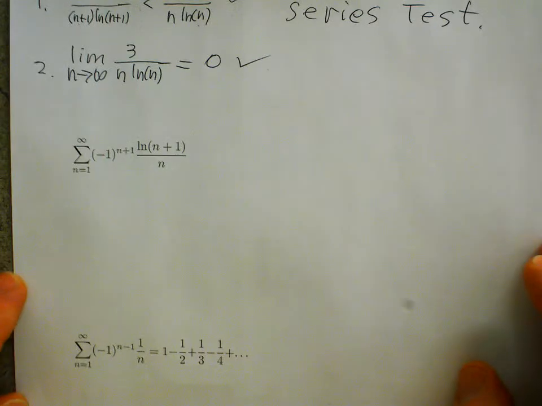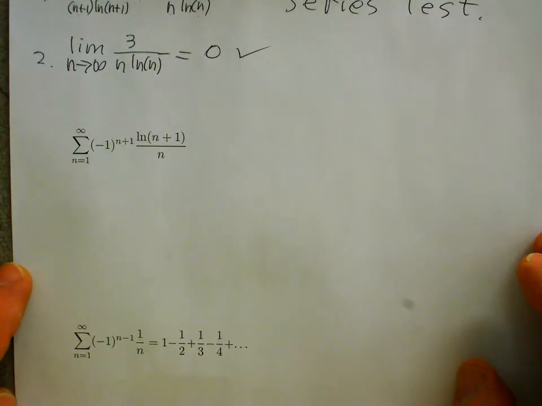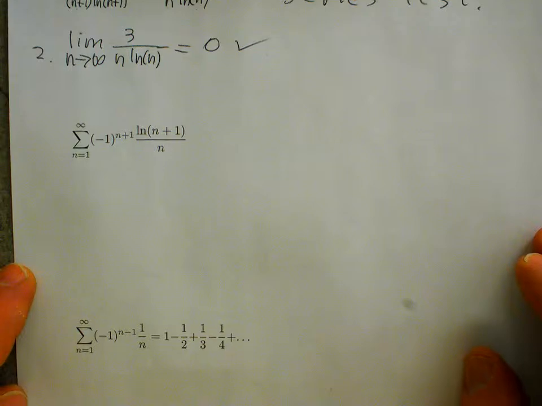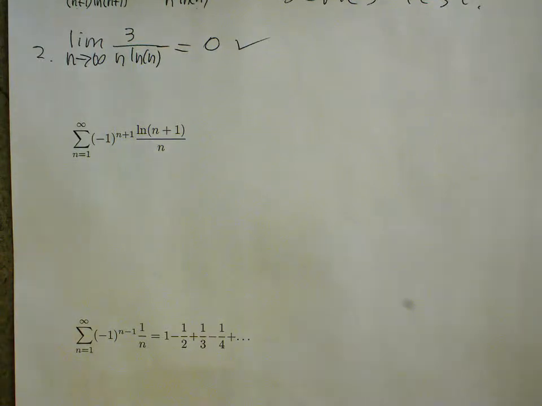Here's another alternating series. Okay, it's alternating, (-1)^(n+1), multiplied by the natural log of (n plus 1) over n.